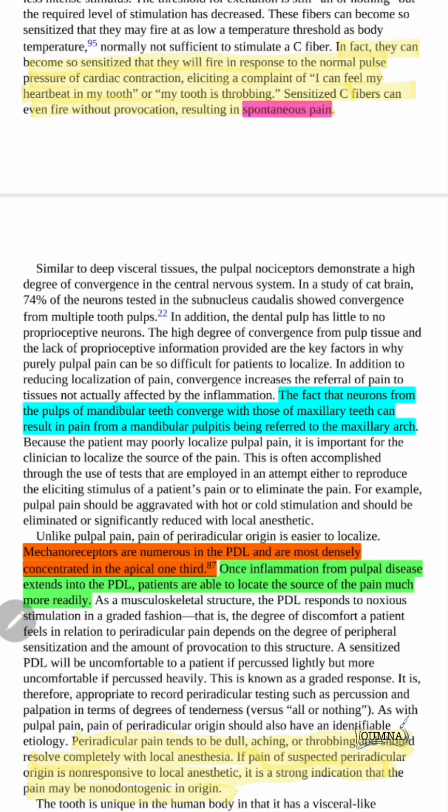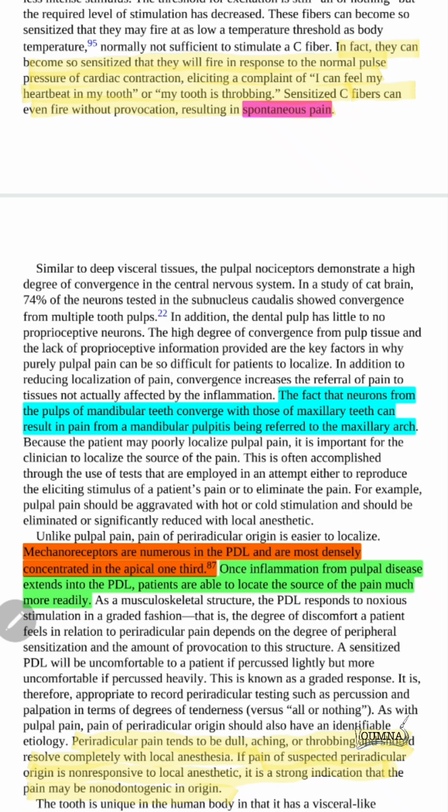If you remember, in the chapter of diagnosis we talked about something called referred pain. What is its definition? It means that we have a source of pain in an area, and the pain is felt in an area that is far from the source of the pain.